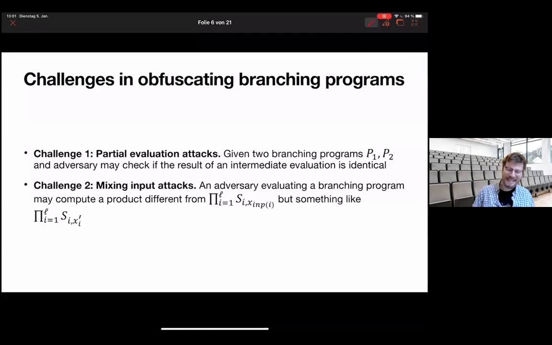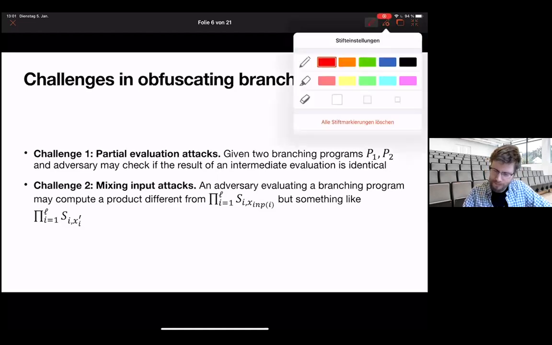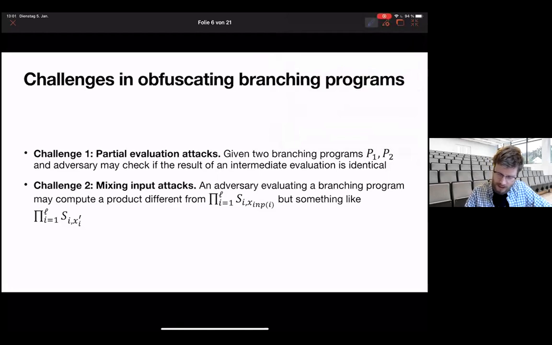And the second challenge or issue is maybe slightly more subtle. So when you give me a branching program, let's say I have S10, S11, S20, S21, S30, S31.